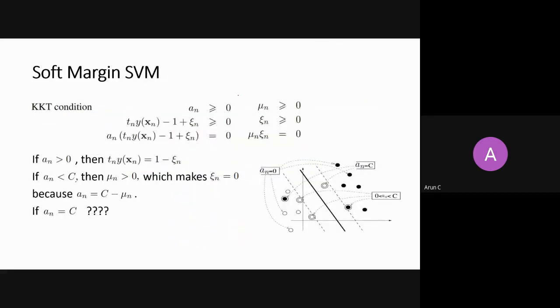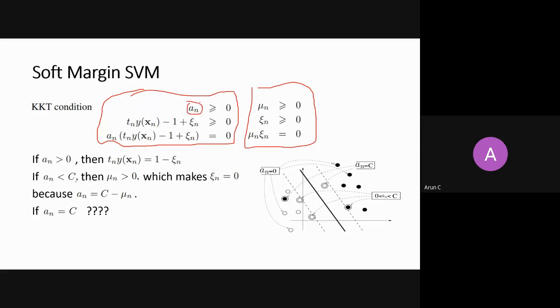There are two sets of KKT conditions, one for the first constraint and the second set for the second constraint. The Lagrangian multiplier should always be greater than or equal to 0. That's fine. Now t_n y_n should be greater than or equal to 1 minus psi, since I framed my problem this way, so this is also fine.